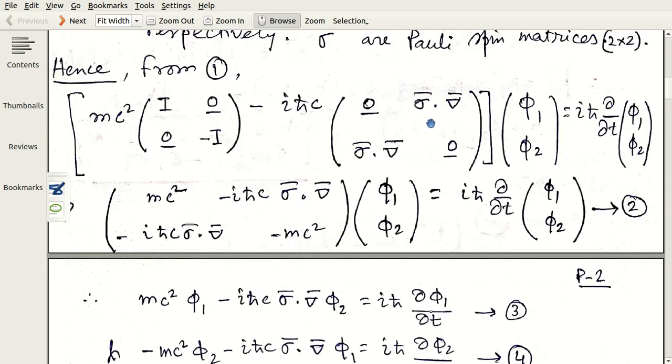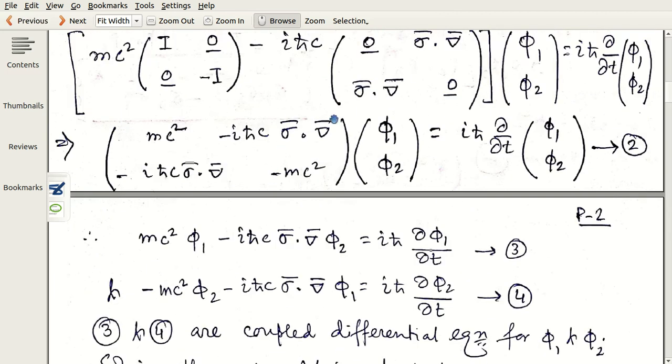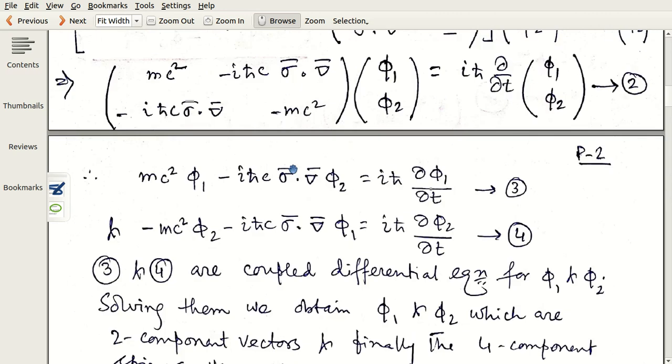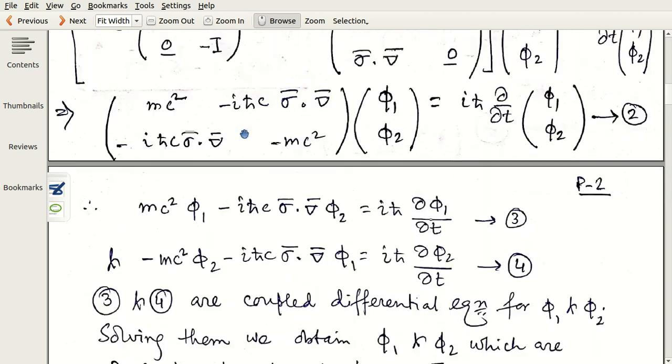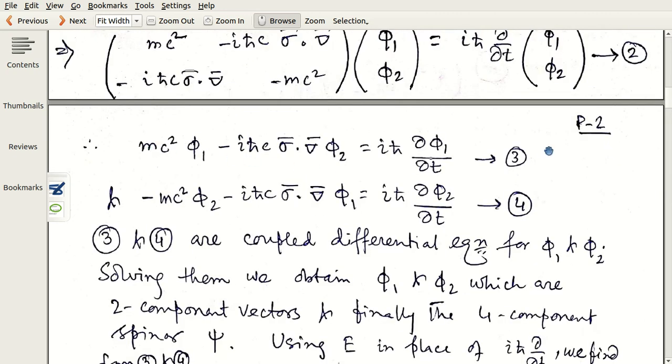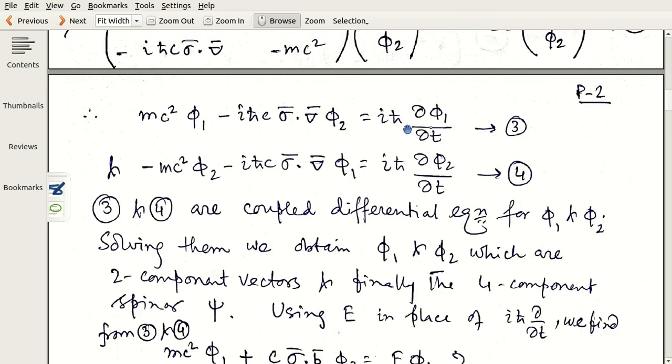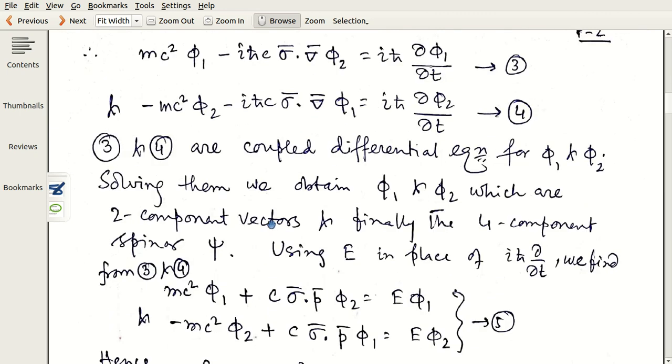You carry out the matrix calculation and expand it. It comes out to be coupled equations, 3 and 4. Each term involves phi 1 and phi 2. They are coupled equations.